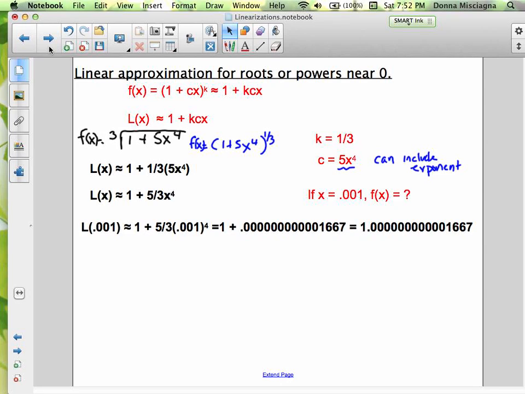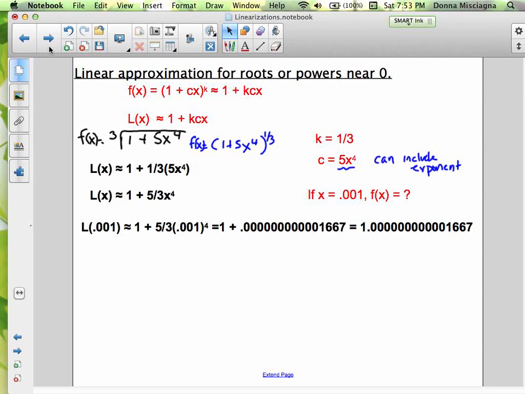So now we'll plug that in. So we've got 1 plus 5/3 times 0.001 to the 4th power, which I have right there. It's pretty easy to raise 1 with zeros to any power: every time you just add more zeros. So our final answer is going to be 1 point, a lot of zeros there, 1667.